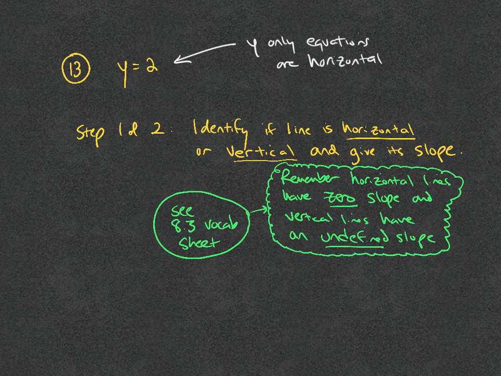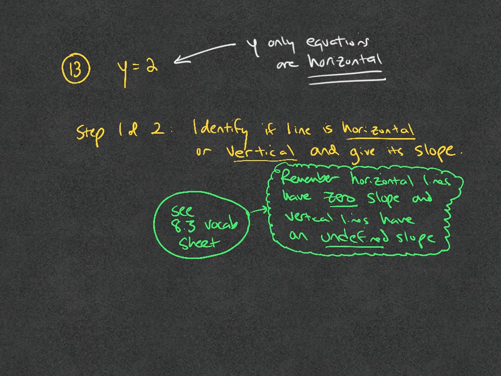So this one is horizontal. And then there's a vocabulary sheet that may have been passed out or attached to the PDF here. The 8.3 vocab states that horizontal lines have 0 slope and vertical lines have undefined slope.